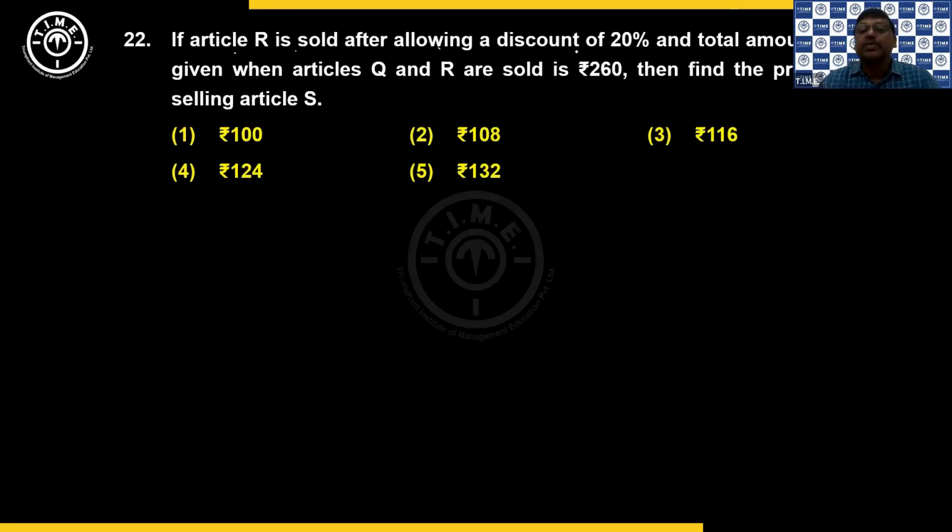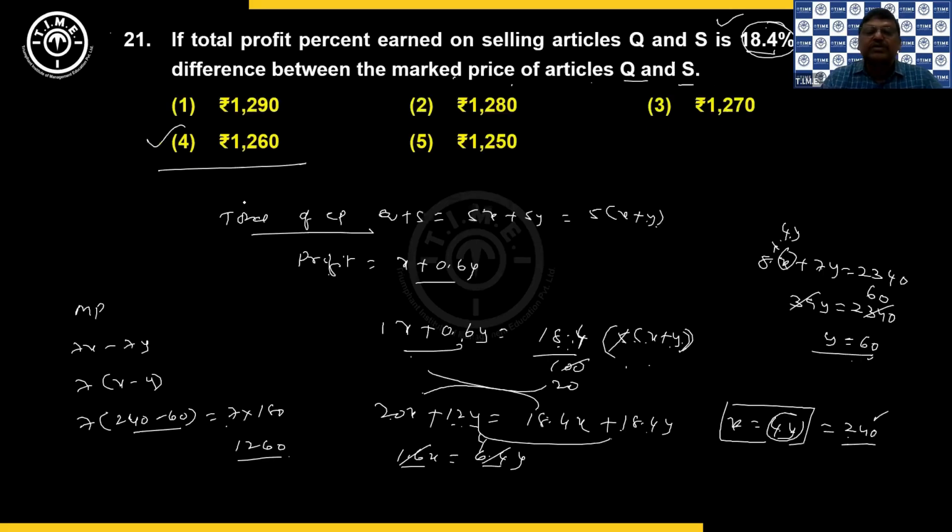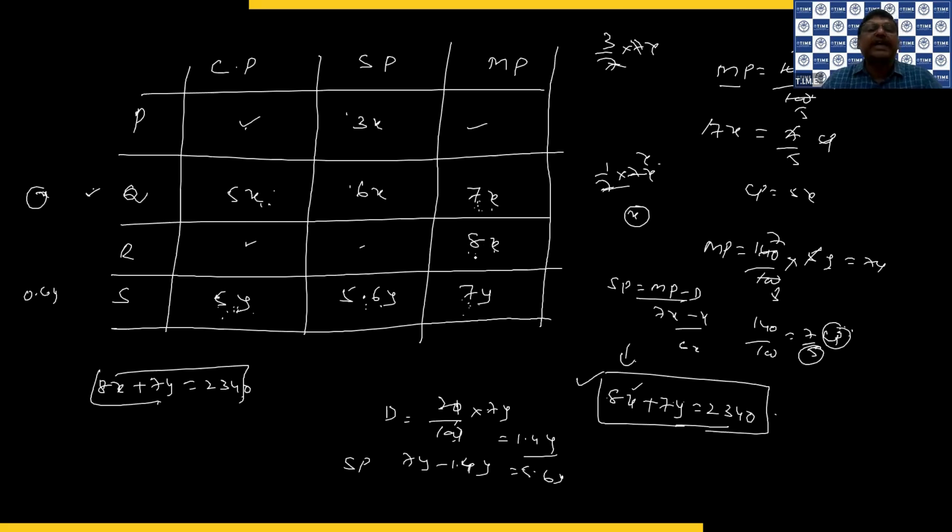Let's take up the 22nd question. If article R is sold after allowing a discount of 20%, and the total amount of discount given on articles Q and R sold is 260, then find the profit on selling S. Students, R is sold at a discount of 20%. What is the market price of R? 8x.